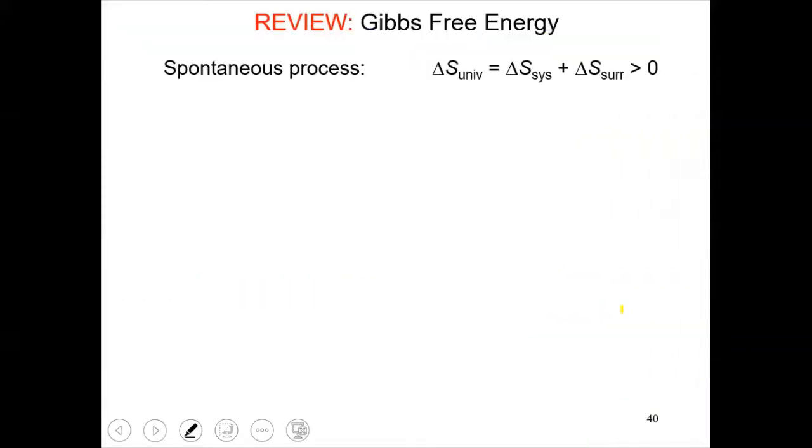Remember that we said for the second law of thermodynamics, I hope you've located this slide in your handout, that for a process to be spontaneous, there has to be an increase in entropy of the universe, composed of delta S of the system and delta S of surroundings. Now, we also said that for the process at equilibrium, delta S of the universe equals 0.